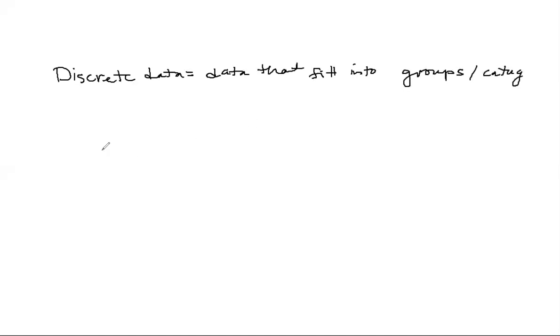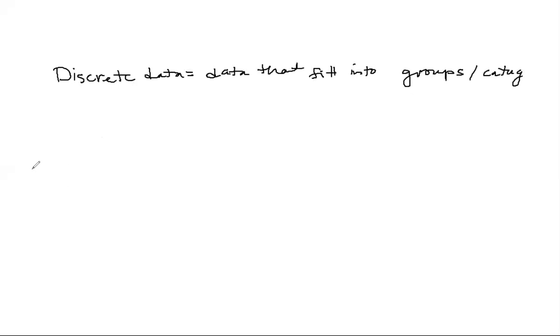So there's discrete data, which is data that fit into groups or categories.